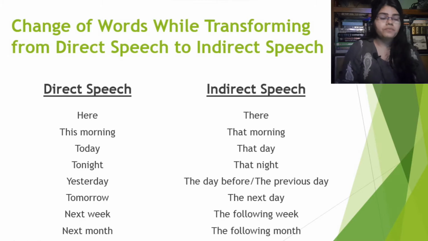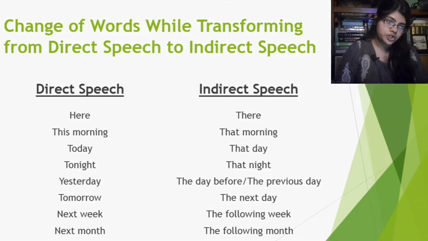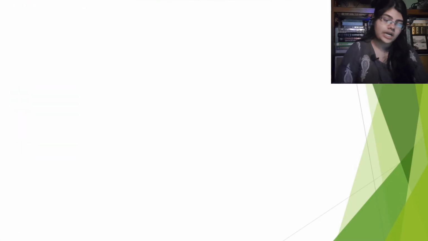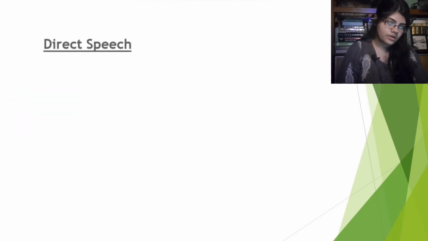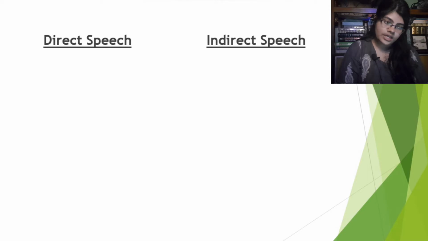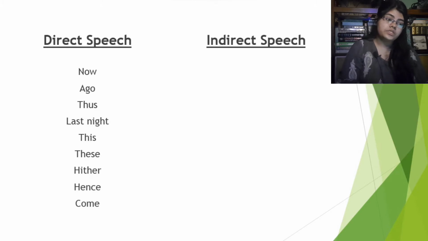Now there are a set of more words that get changed in the indirect speech. Again, now, ago, thus, last night, this, these, hither, hence, come. If these words are present in the direct speech, in the indirect speech they will get changed.